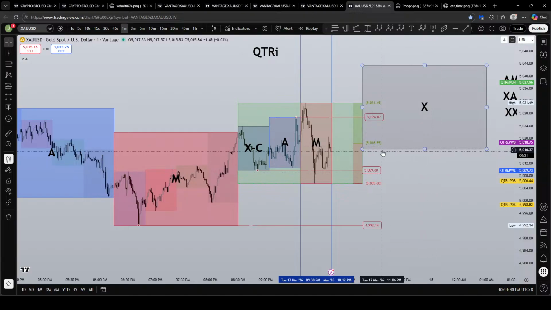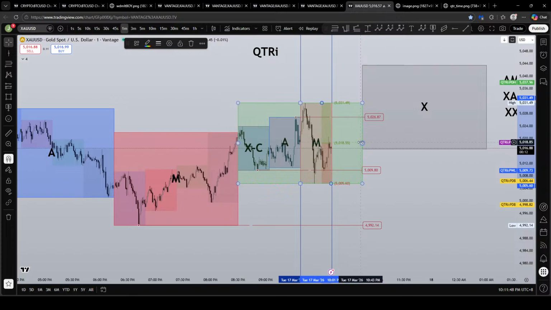Now, if we will try to apply the tip that I gave you a while ago, before the closing, check the price action, or draw or plot your subquarter QTRi by plotting it on the most recent low and the most recent high.